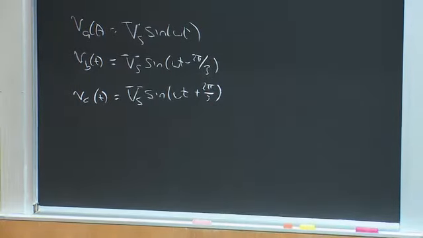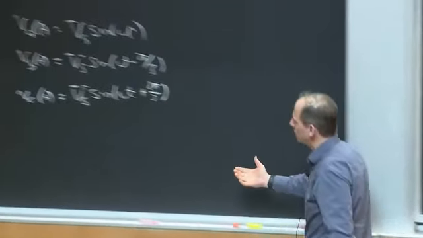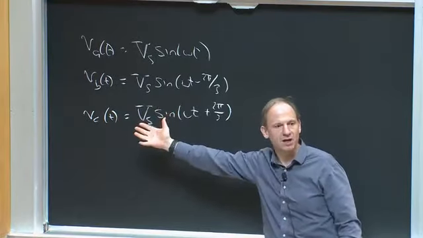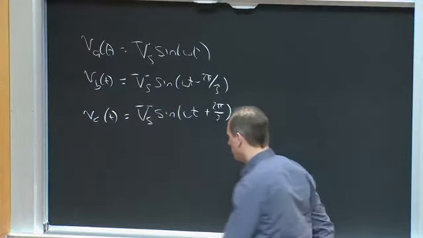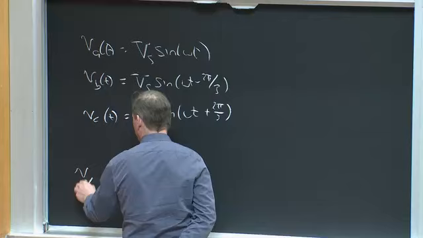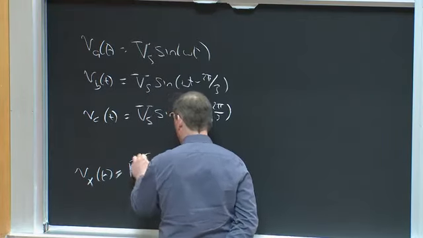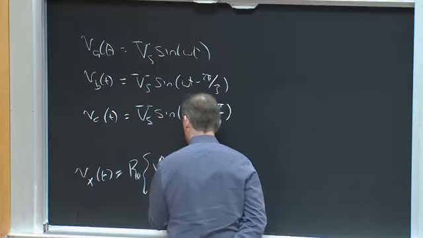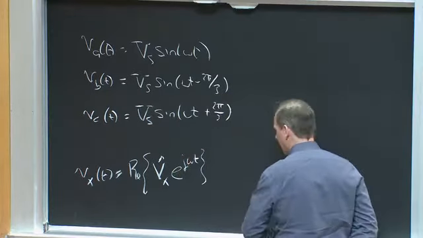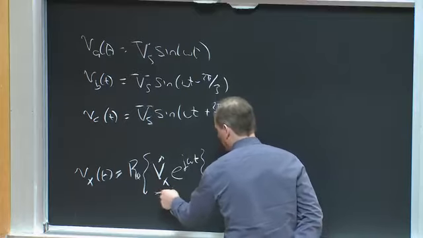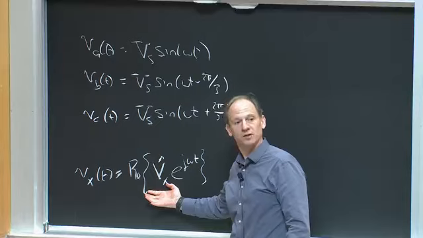Okay? Now, recall that we can write any of these sinusoidal time domain waveforms as phasors, right? So I can write Vx of t is equal to the real part of Vx hat e to the j omega t, okay, where Vx hat is the phasor, which indicates the magnitude and phase of the sinusoid, right?